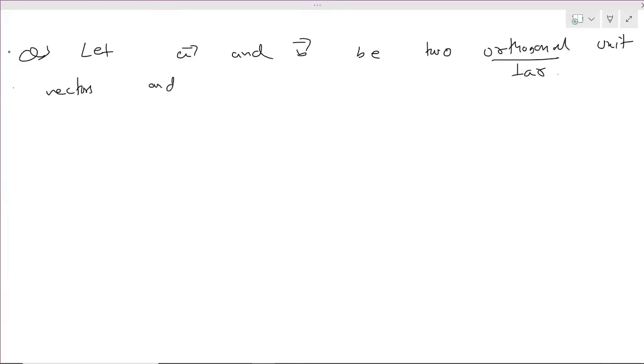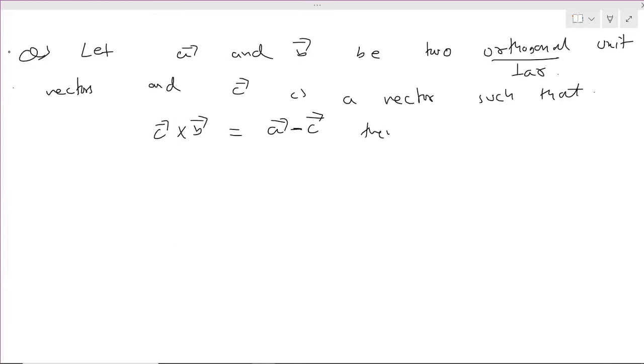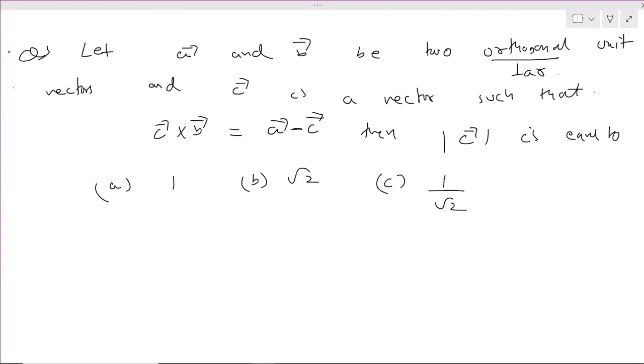And C is a vector such that C cross B equals to A minus C. Then mod C is equals to: option A is 1, option B is root 2, option C is 1 upon root 2, D is 2.